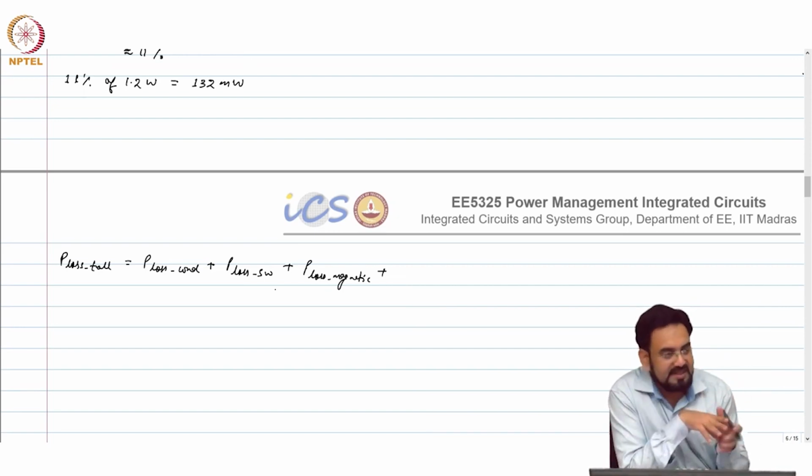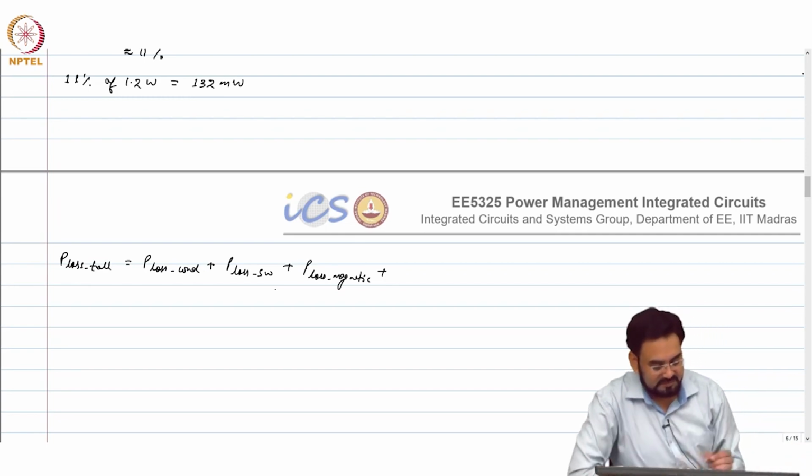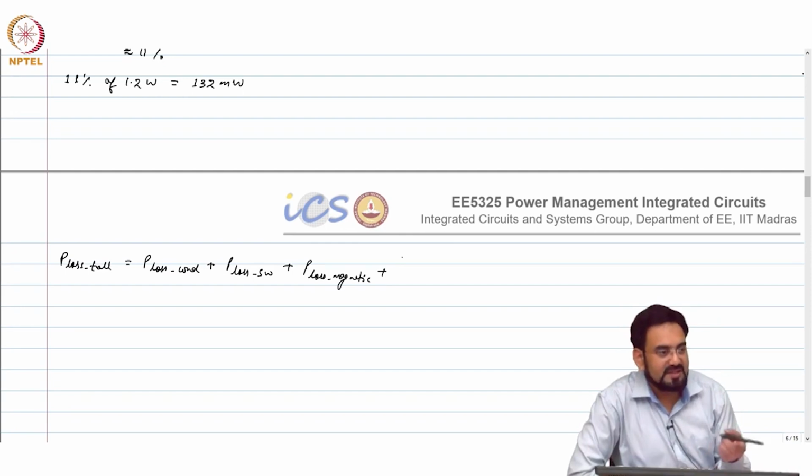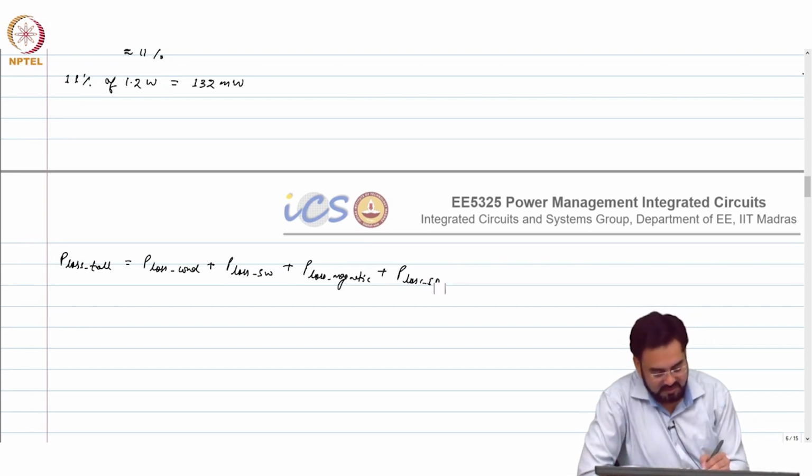But P loss magnetic is external, which is coming from the inductor, that is why I am writing it separately. You have a quiescent loss, P loss IQ, or just call it Q.